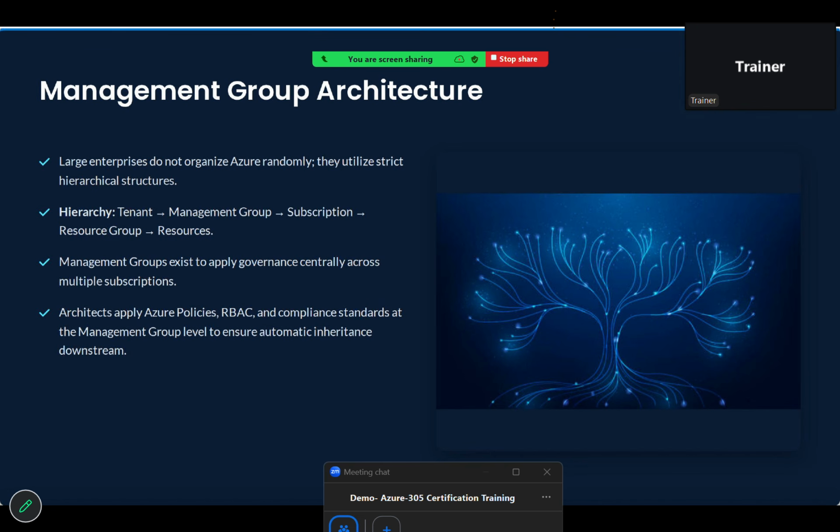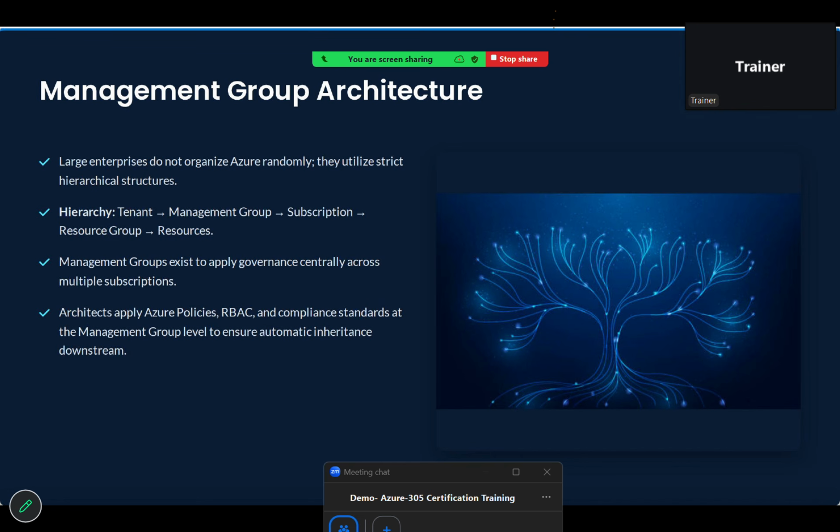Basically, this topic appears frequently in the AZ-305. It is a very common, repetitive topic in 305. So let me ask you a question: how does a large enterprise organize Azure? Obviously, not randomly. They are strict.